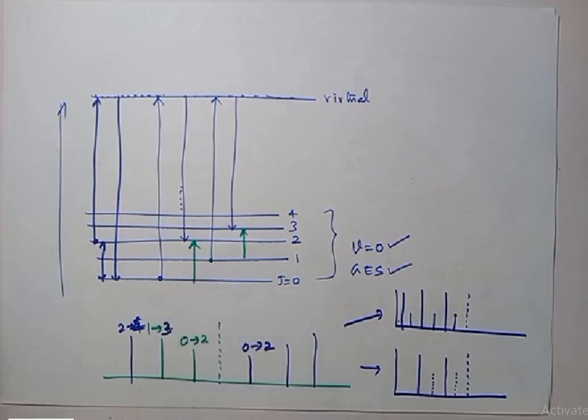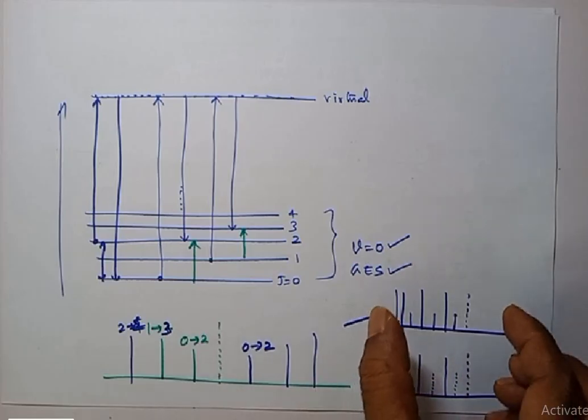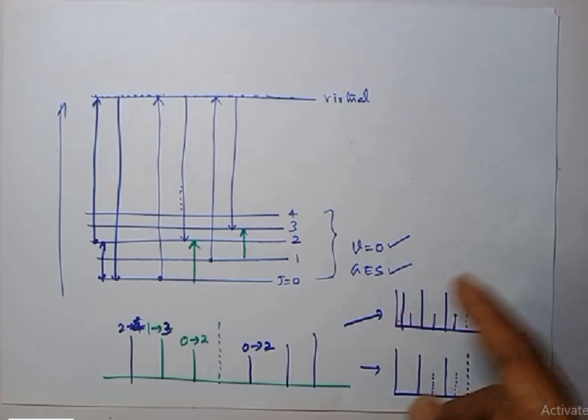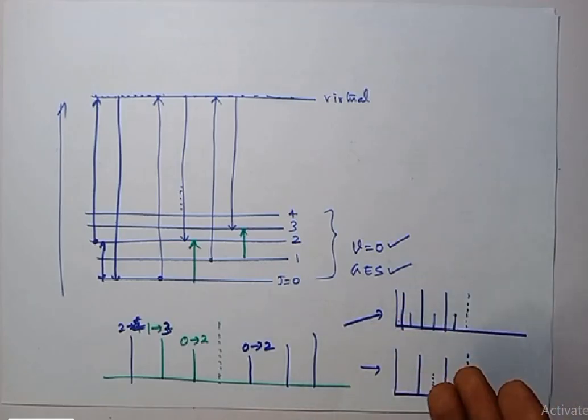So, because of the nuclear spin effect, the rotational Raman spectrum either appears as alternation in intensity, or it appears with some missing lines, right?